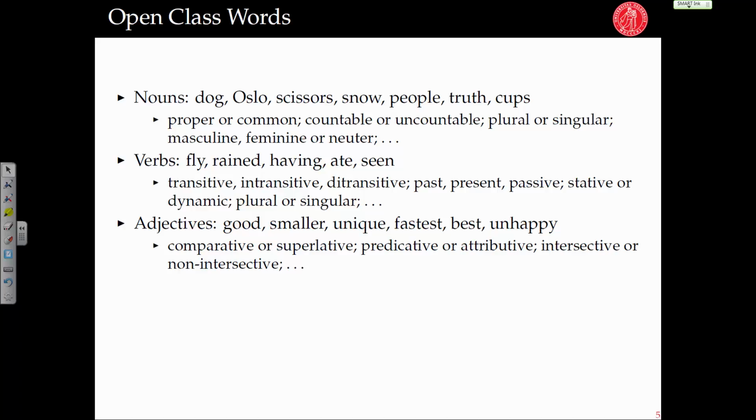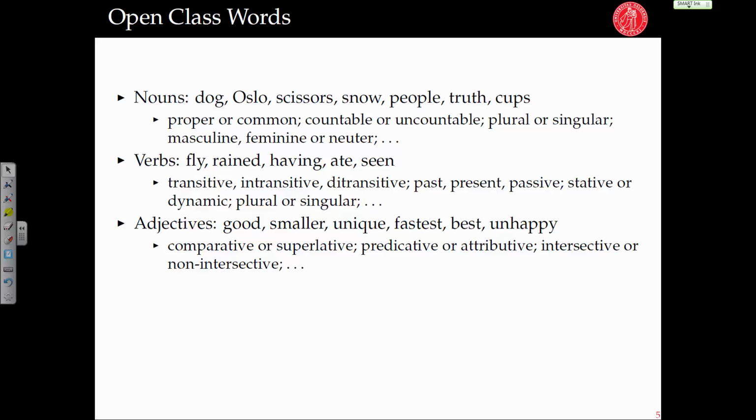Again, they could be subdivided into groups. So we could have a part of speech tag saying that this is an adjective in the comparative form, like smaller, or we could also classify or define parts of speech tags depending on the position of the adjective.